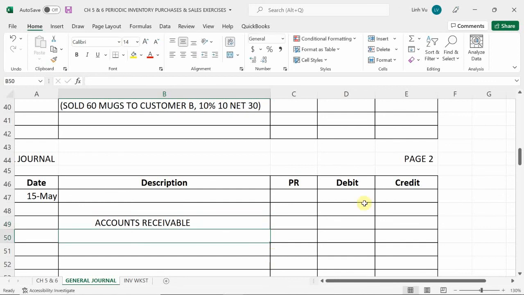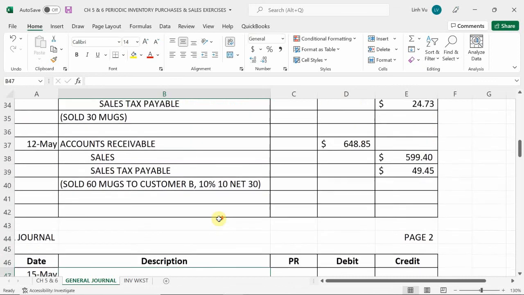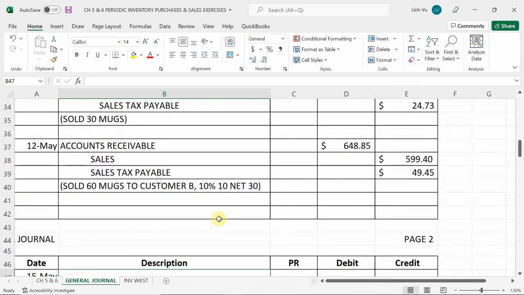So in this case, customer B is returning the coffee mugs to us.